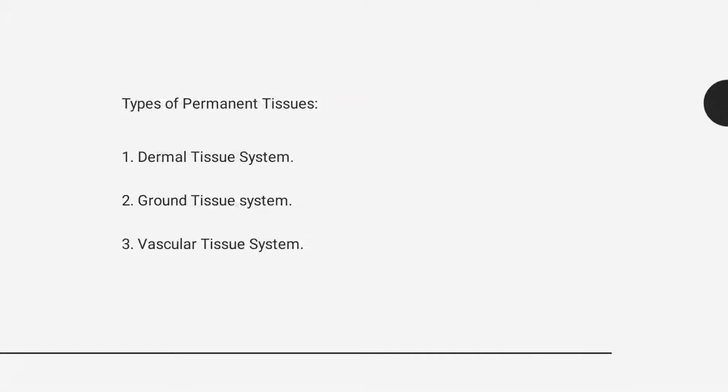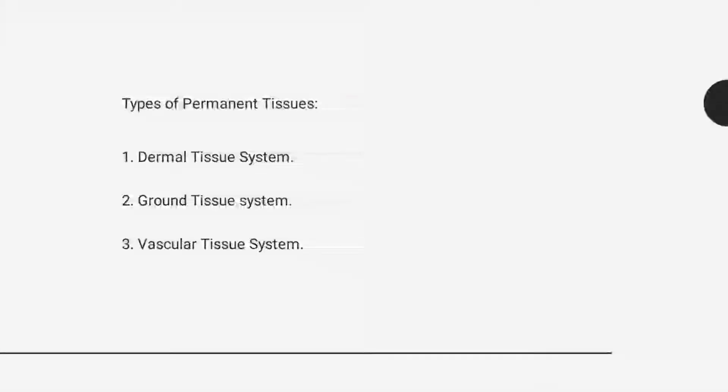First is the dermal tissue, second is the vascular tissue, third is the ground or the fundamental tissue. If we classify our permanent tissue as per their place or origin, they have three types: dermal tissue, vascular tissue, and the ground or fundamental tissue.